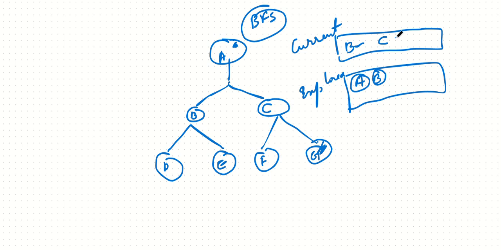After B are D and E, which are unexplored.